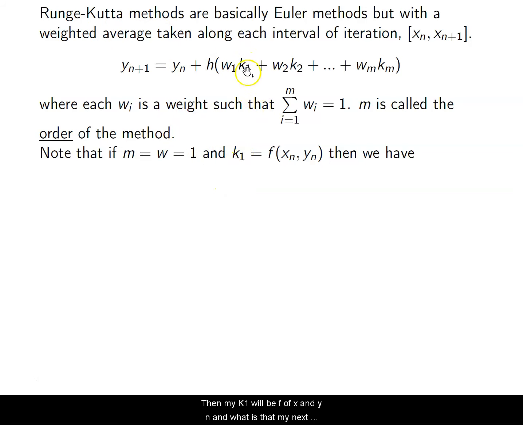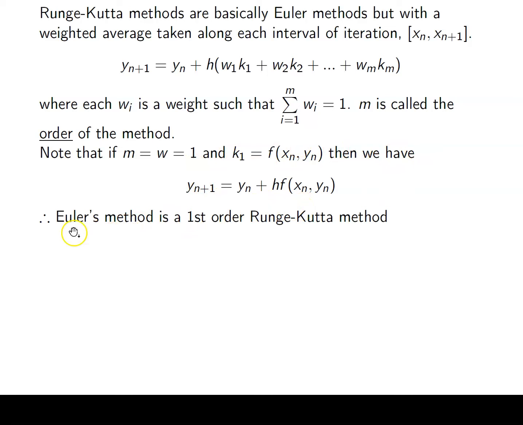Then my k1 will be f of xn and yn, and my next value is my current value plus my step size times my function. This is just Euler's method. Euler's method is a first order Runge-Kutta method because m is the order and there's only one value.